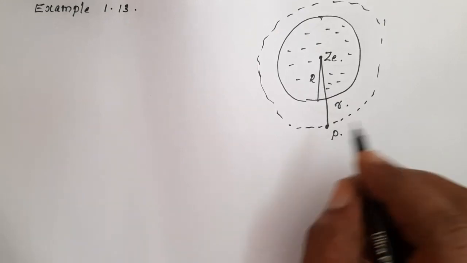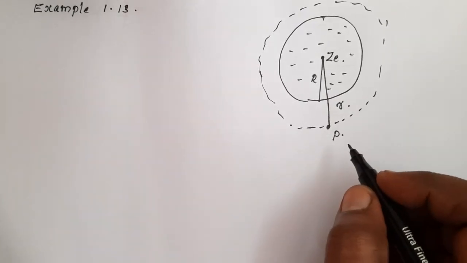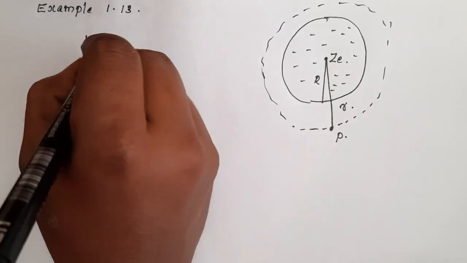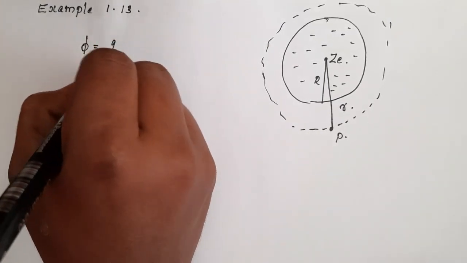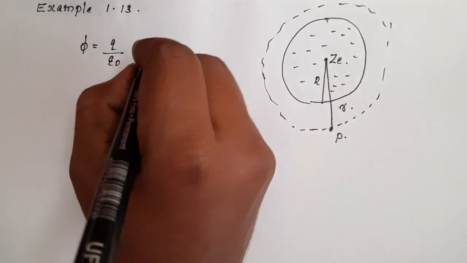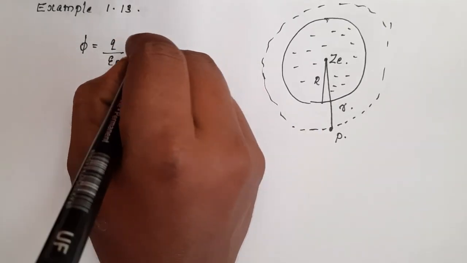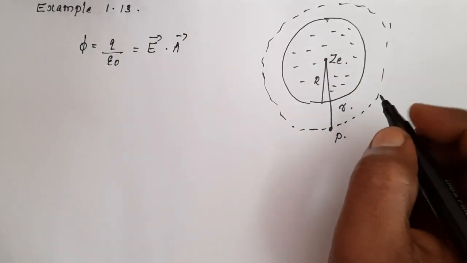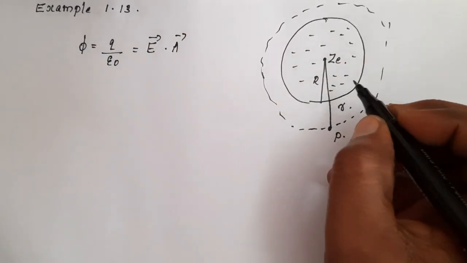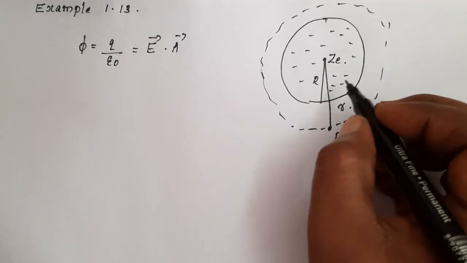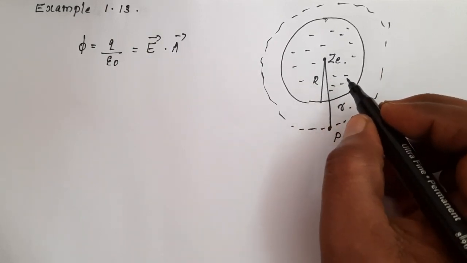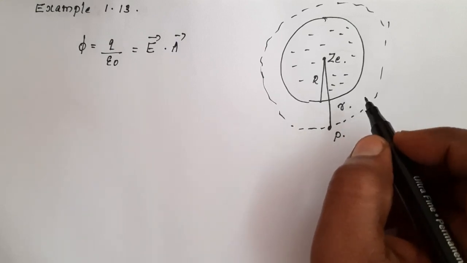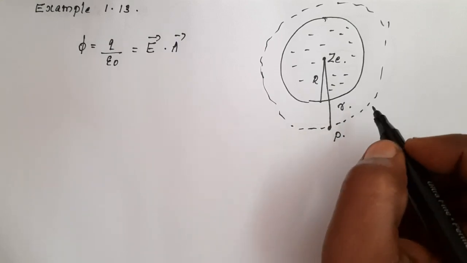Now when we apply Gauss's law, we have the equation phi equals q by epsilon 0, and phi is equal to E dot A. This is what we know. In this case, the Gaussian surface encloses the atom, and by Dalton's theory we know the atom as a whole is electrically neutral.